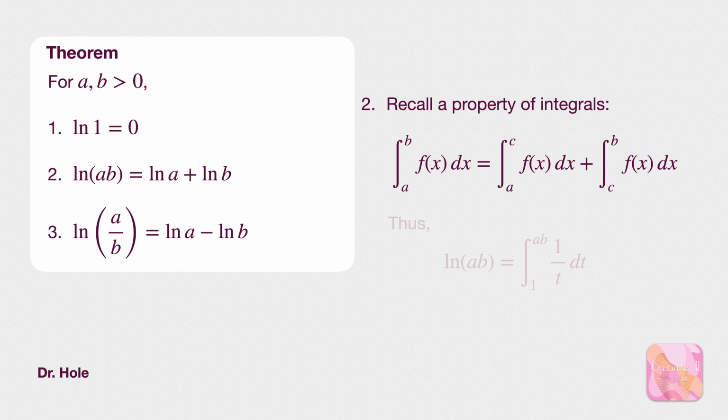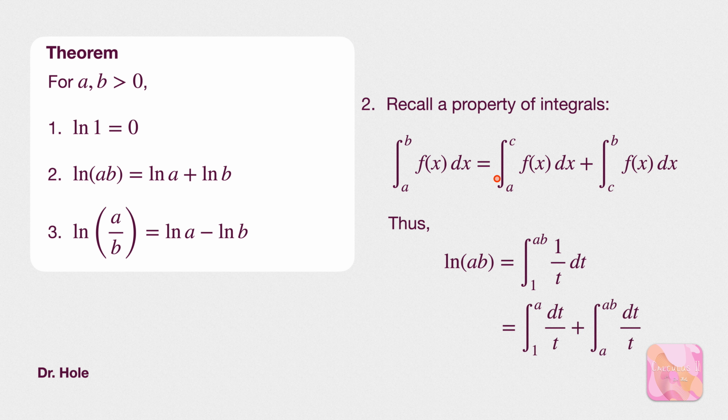All right, so we want to use that. So let's start with this property 2, the natural log of this product ab. Well, the natural log of this input is the integral from 1 up to that input of the reciprocal function. Good, that's just the definition of the natural log.